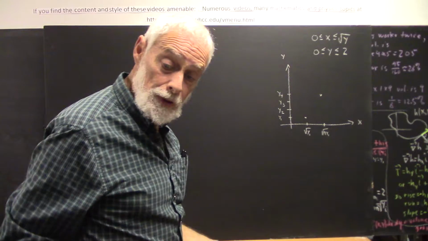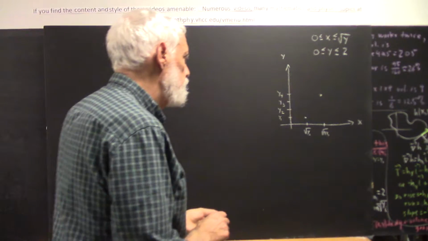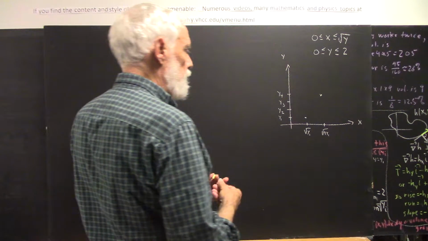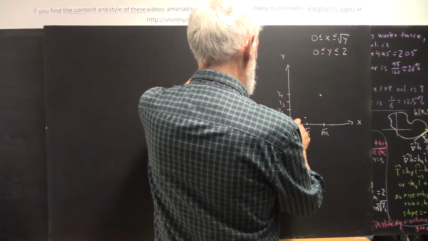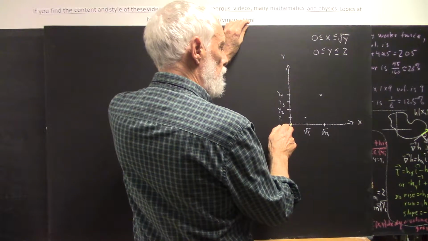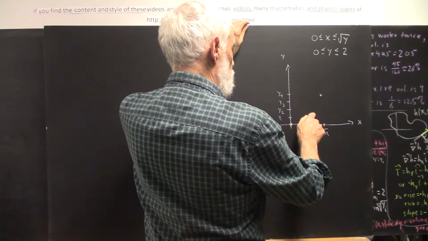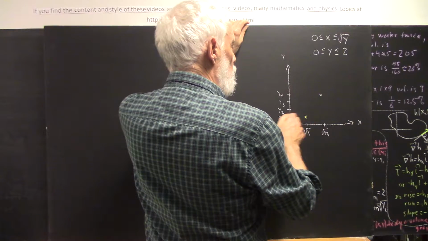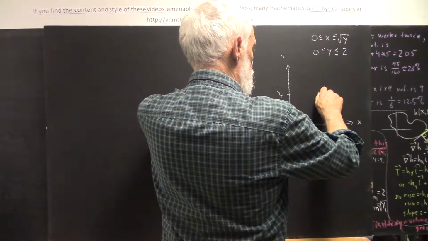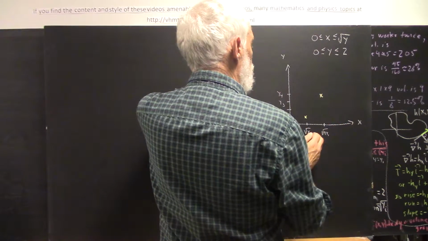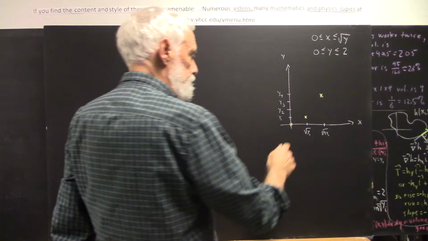Okay? Now let's just think about, well, then we can say when y1 equals 0, the limit on x is 0. Okay, when we have y1, the limit on x is whatever the square root of that is, and when y1 equals 4 times that, the limit on x is twice as big.